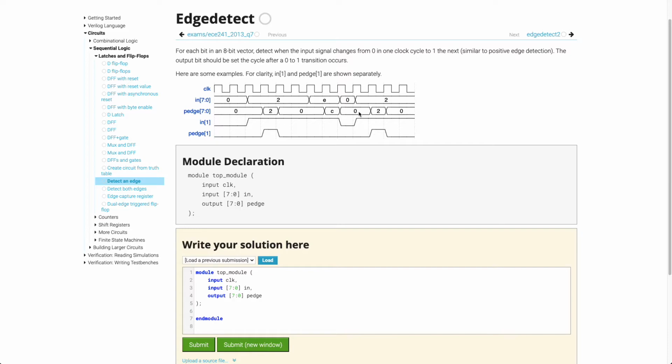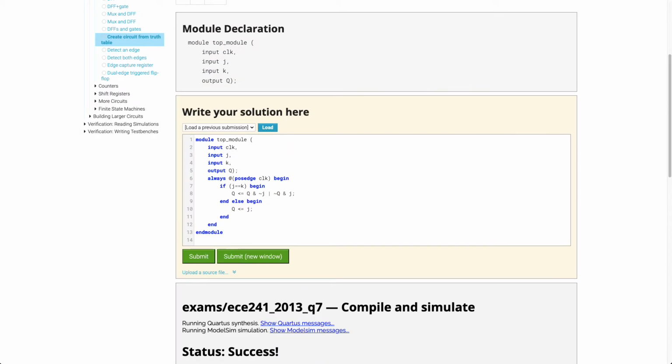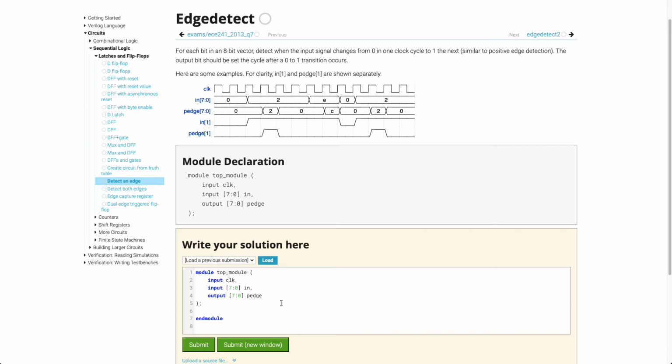So this always happens one cycle after. Let's check this. Okay. This always only happens a cycle after.